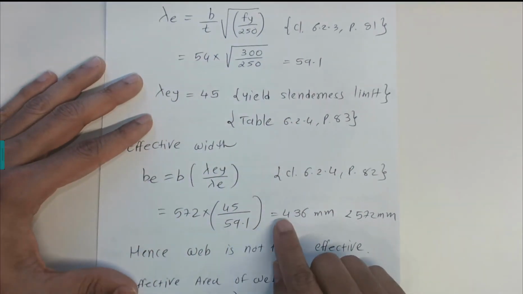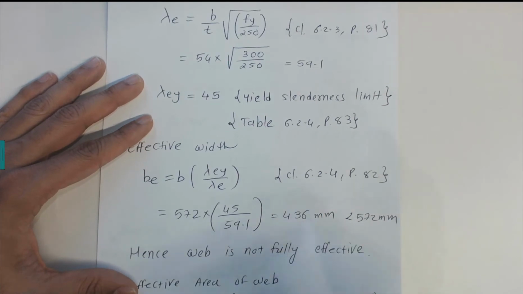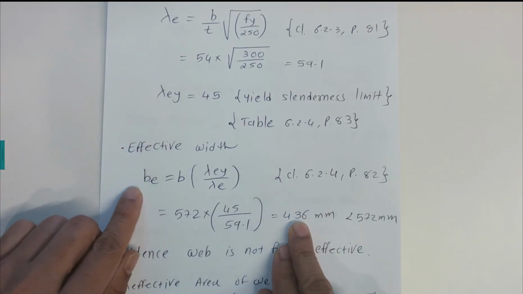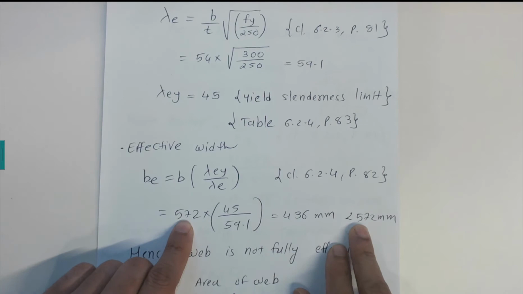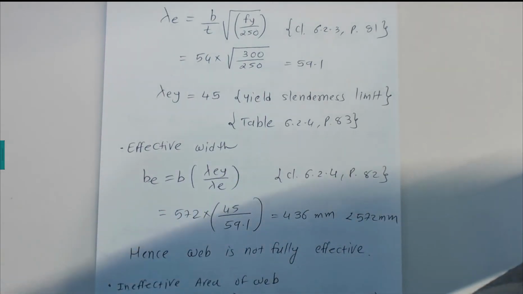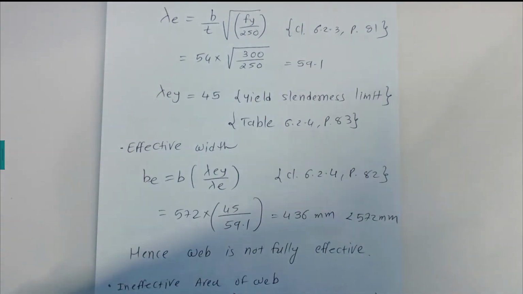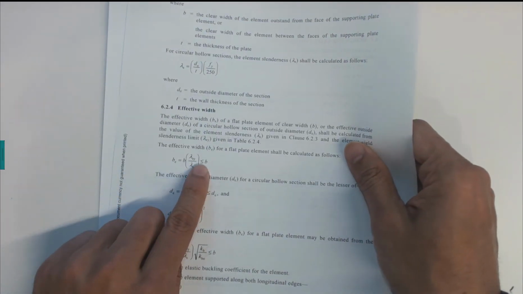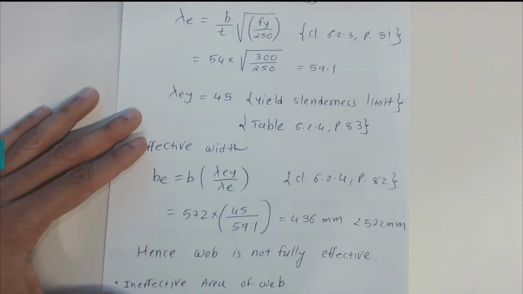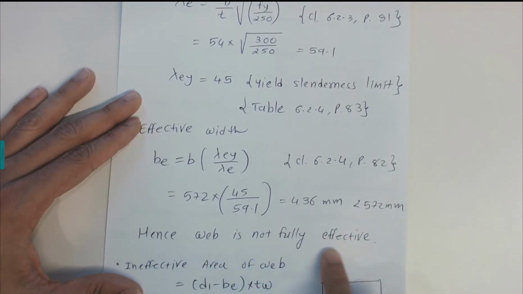It gives us 436 millimeters. Now we compare this 436 millimeters with the B 572, and it's less. This effective width is less than B. So in that case, the web is not fully effective.